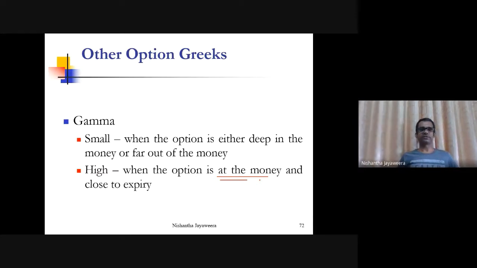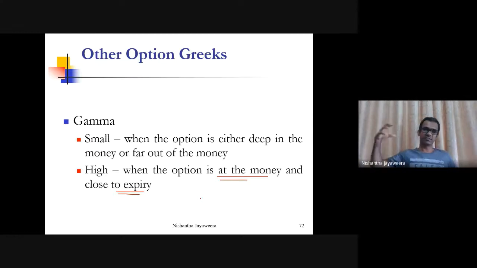So at the money option has the high gamma, that means high sensitive delta, especially when it is very close to expiry, because it will decide whether the option expires at the money or in the money or out of the money.